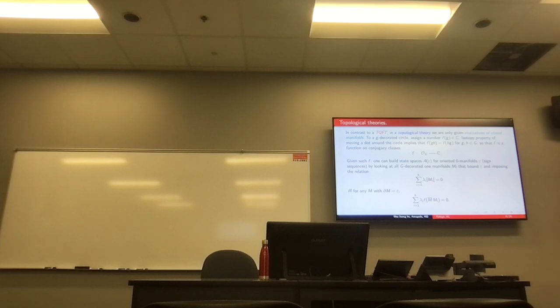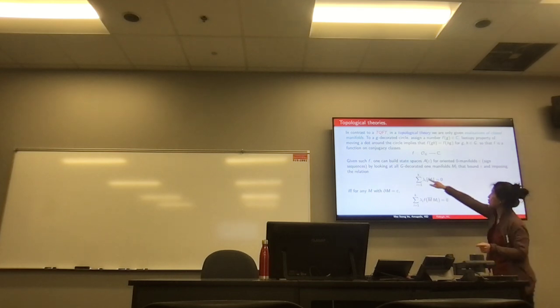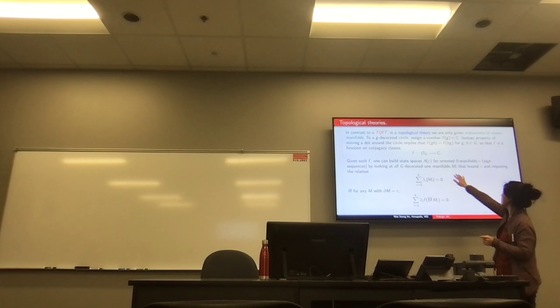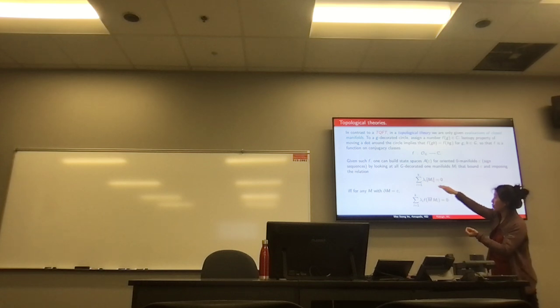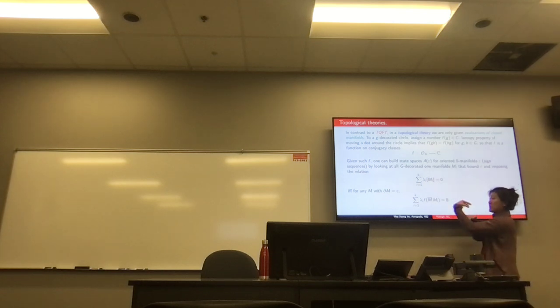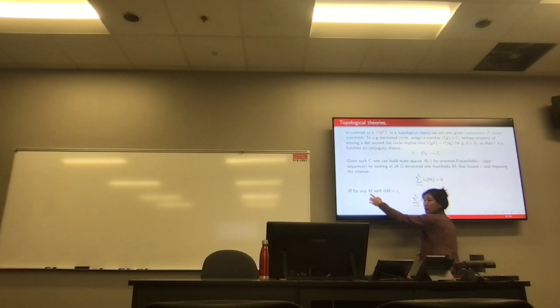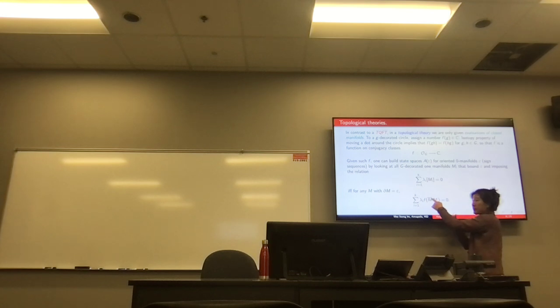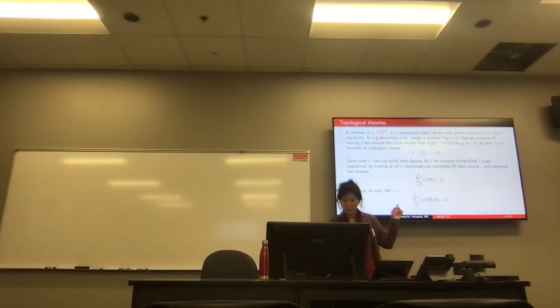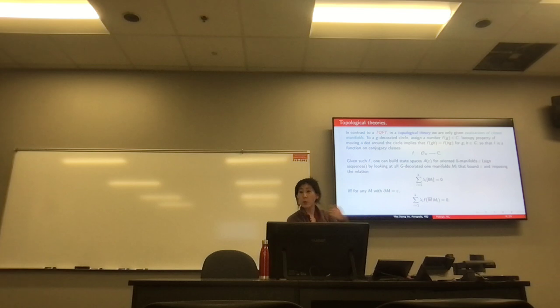We look at all the closed G-decorated one-manifolds M_i which bound epsilon, with the relation that this linear combination is equal to 0 if and only if, no matter how you close it up with any other cobordism whose boundary is also equal to epsilon, and then evaluate using f, this is going to evaluate to 0. I'm going to explain that graphically on the next slide in more detail.